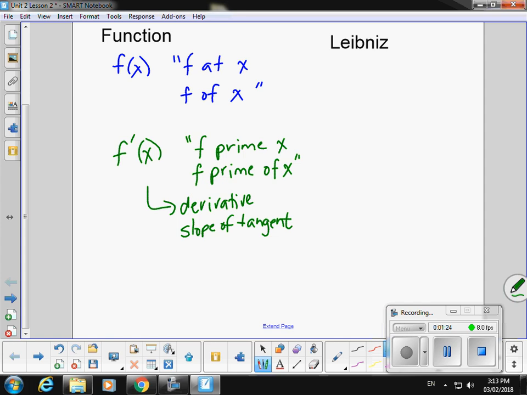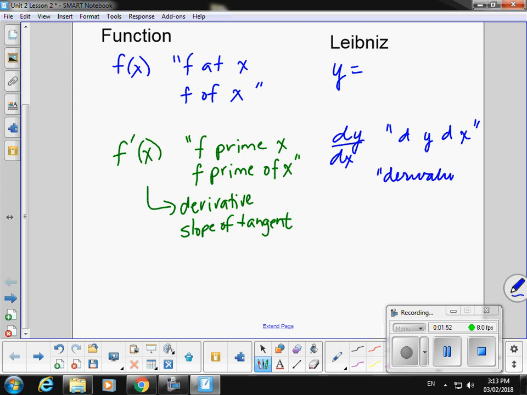We're not always in function notation, however. A lot of us are used to seeing our functions as y equals, and we're kind of comfortable with that. So if you have a function that's y equals, our derivative would be dy dx. So we say dy dx, and it refers to the derivative of y.